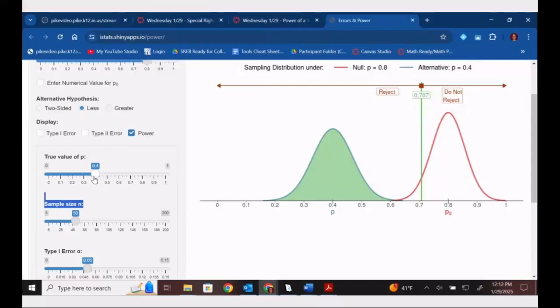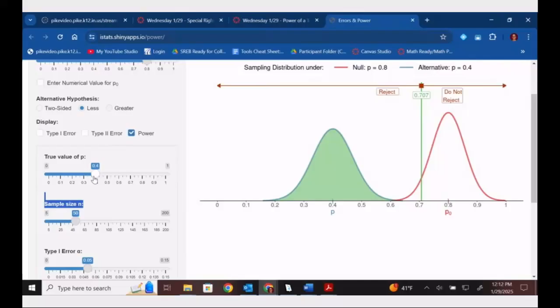So what am I doing to increase the power? In this case, I'm decreasing it, but what about if I was actually a way better than 80% free throw shooter? If this true distribution was actually over on this side, if that's what my original alternative hypothesis was, I want the distance between my null hypothesis and my alternative P to be larger.